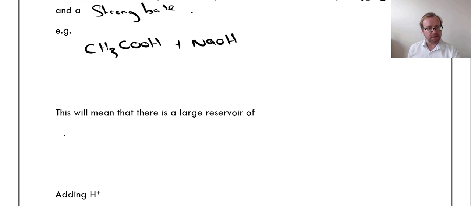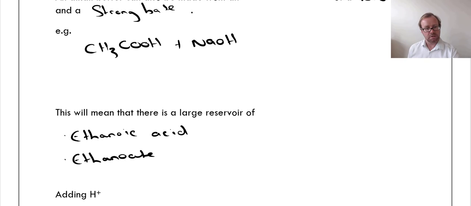So this means we're going to have a large reservoir of ethanoic acid, and I'm also going to have a large reservoir of ethanoate ion.